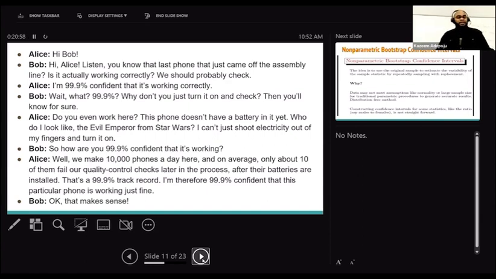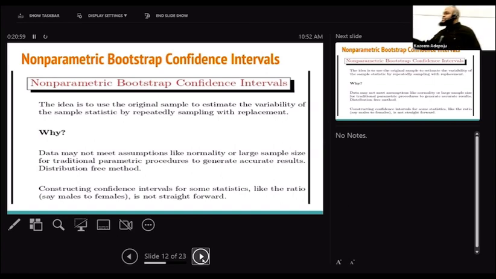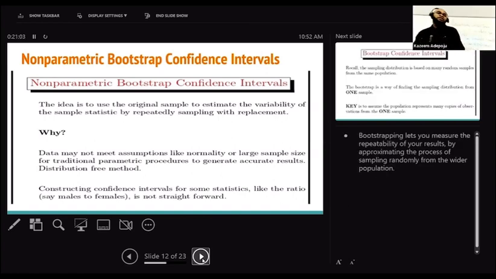Now, what am I trying to say here? When you hear confidence interval, if we say we are 95% confident that the true value of the parameter lies within, you know what that means? What do we mean by confidence interval in the first place? The confidence interval is the expected proportion of intervals that will contain the value of the parameter, which means it is not all intervals that will contain the true value.